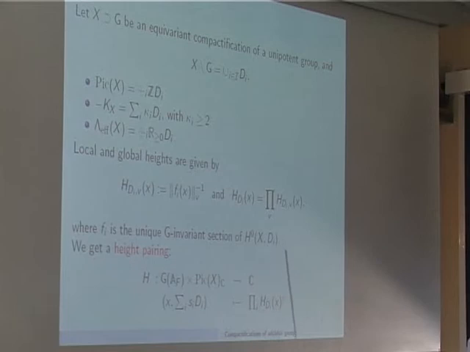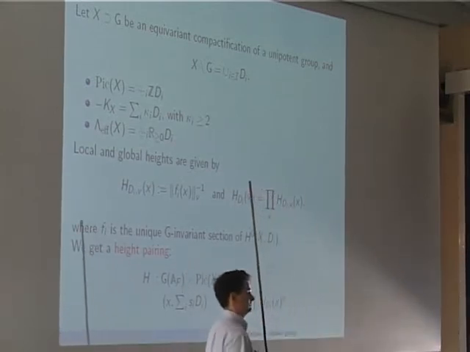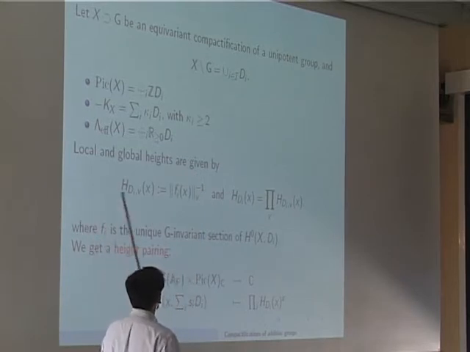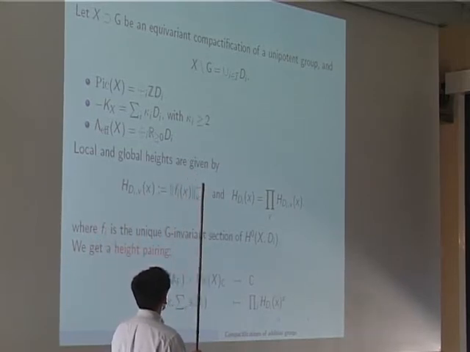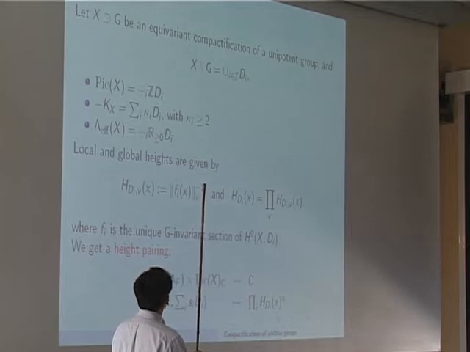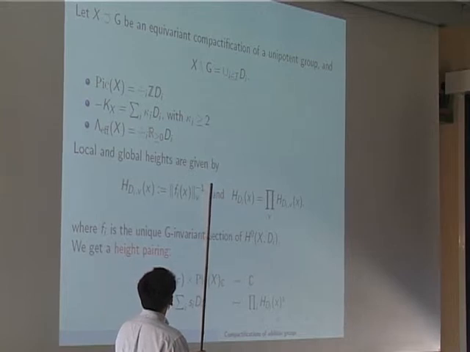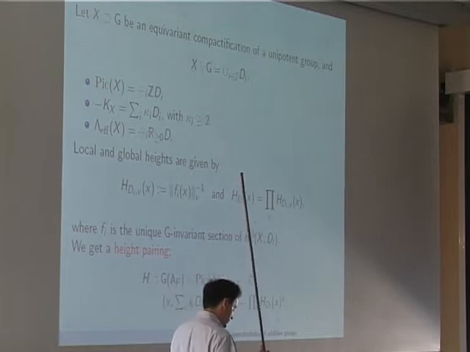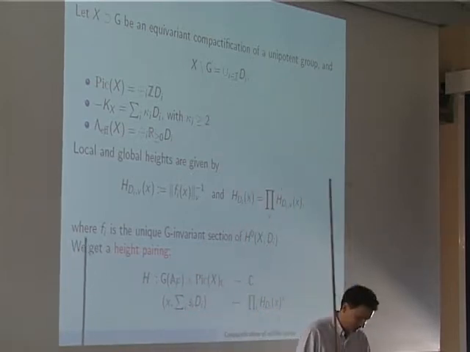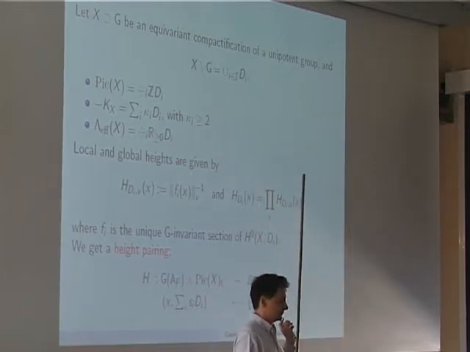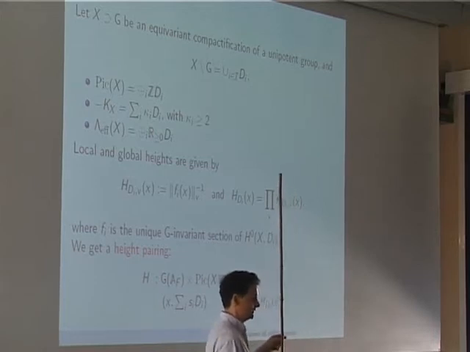Why is the boundary a union of divisors? Well, you're thinking about the setup we had in the beginning. So take this representation and just look at the closure, yes?